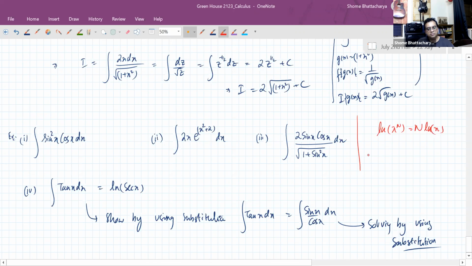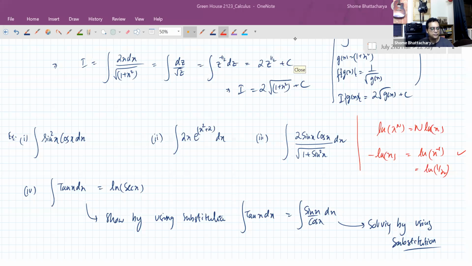So minus ln x is ln of x to the power minus 1, so it's ln 1 by x, because this minus 1 goes inside and becomes a power. You understood this step? So if you're getting minus ln cos x for the last one, it's correct. That is ln sec x. Anyhow, I'll take you through the step-by-step method for each of these. Let's discuss.